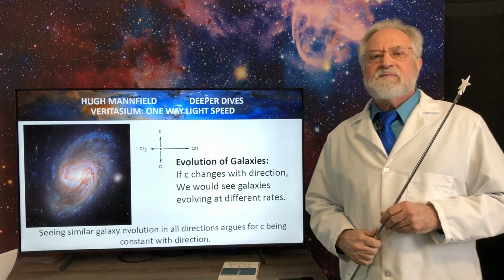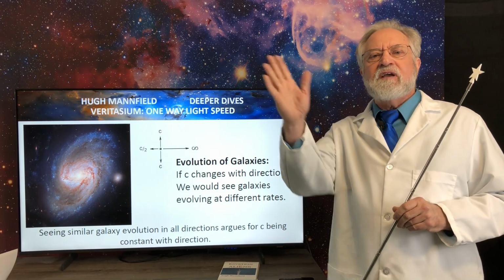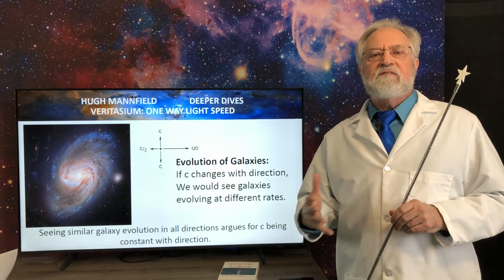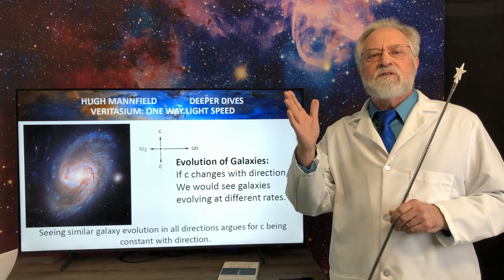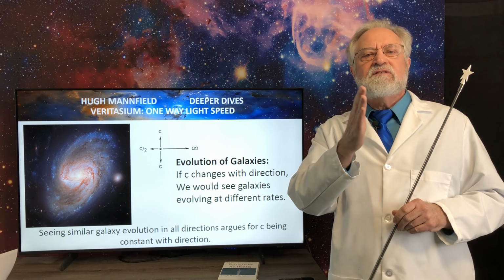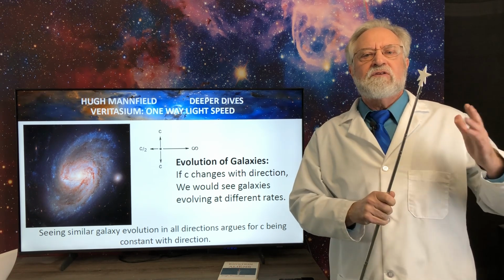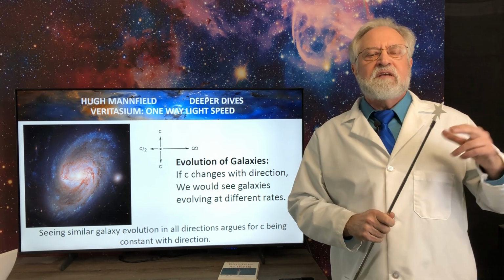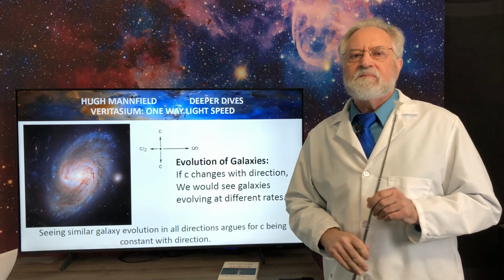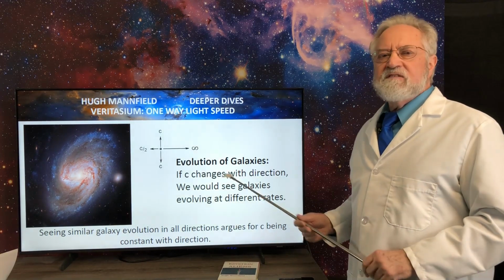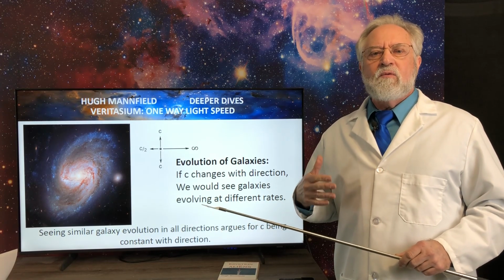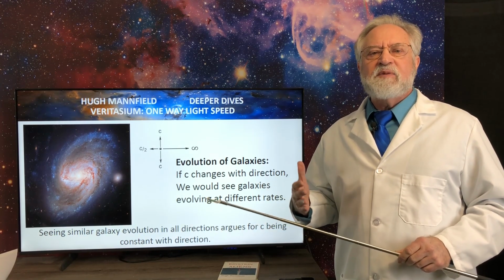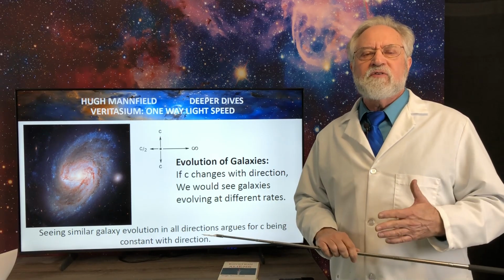And in that case, in that direction, you would look out and you would see fully evolved galaxies as far as you can see. Whereas as you start looking in other directions off axis, you would see galaxies begin to show their evolution history as you look further and further back in time. So the evolution of galaxies supports the constant one-way speed of light as being c, uniform with direction.